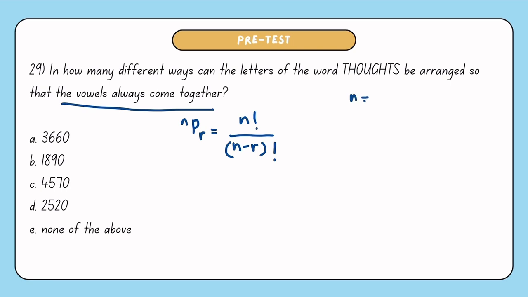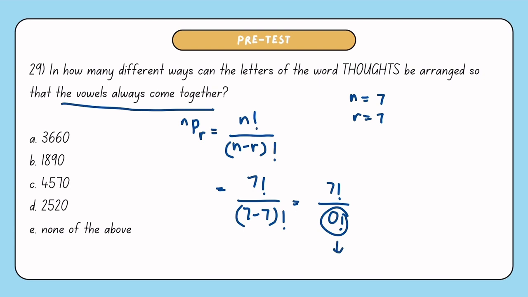Kaya we have n equals 7 and r equals 7. So yung formula natin ngayon is 7 factorial over 7 minus 7 factorial or 7 factorial over 0 factorial. And yung value ng 0 factorial is equal to 1. So, simply, sulat na lang natin to as 7 factorial.